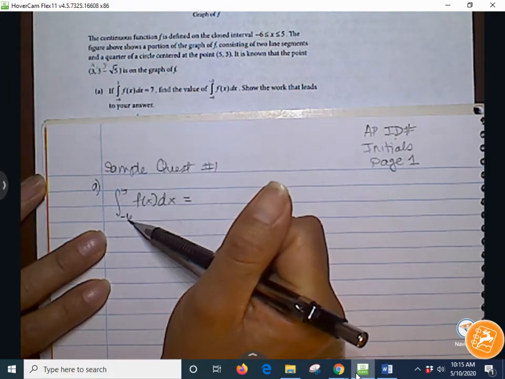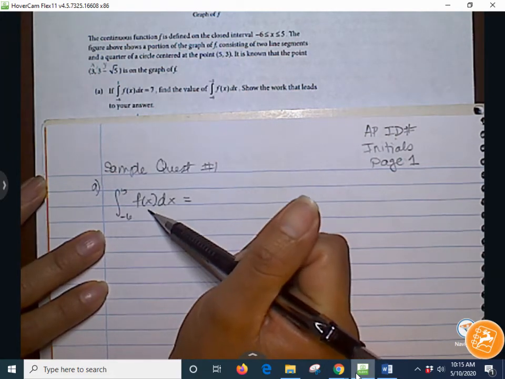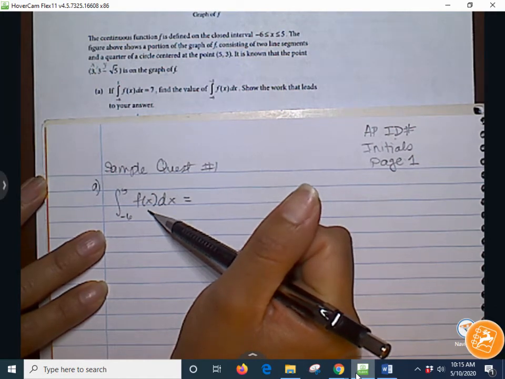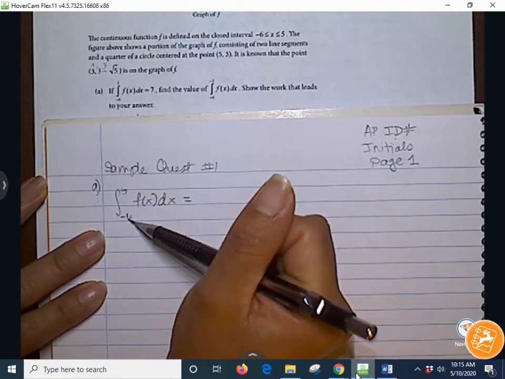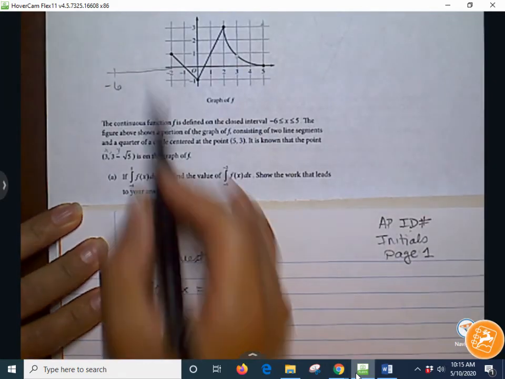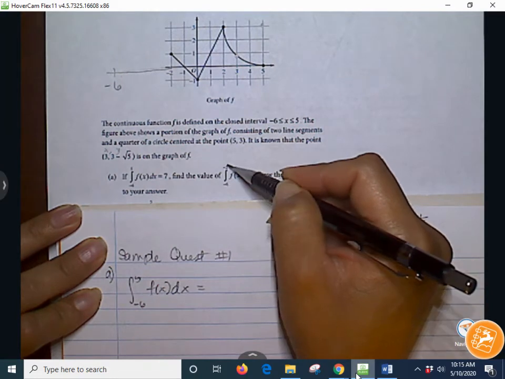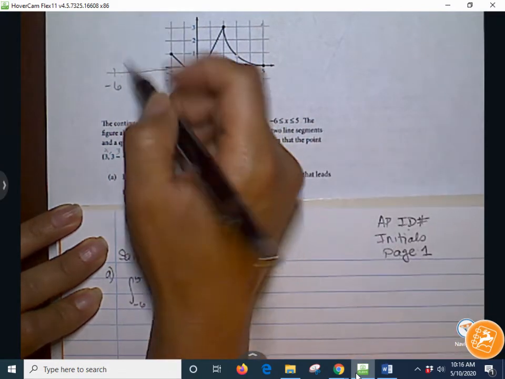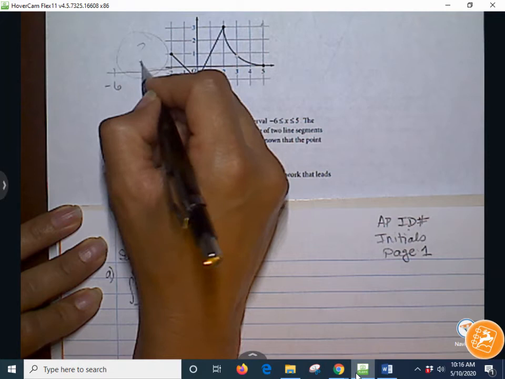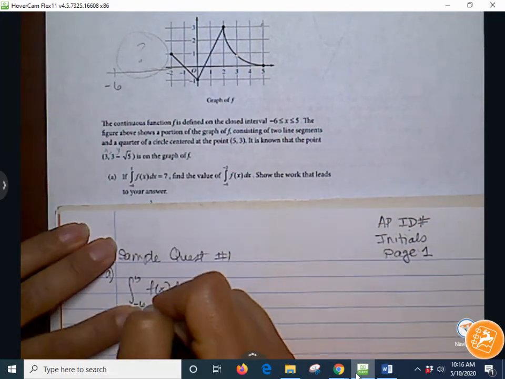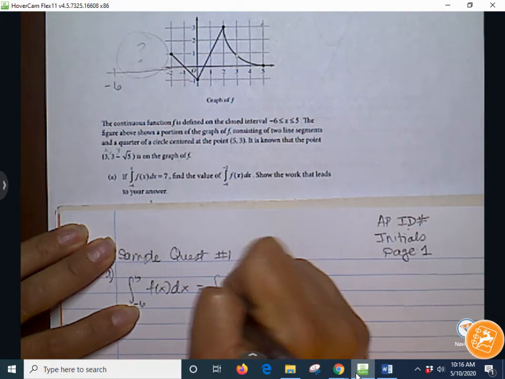That is the area between the curve f of x and the x-axis from the interval of -6 to 5. So here's my graph, -6 to 5, and they're curious about -6 to -2. So they're curious about this area, which I don't know anything about. So this is -6 to -2.